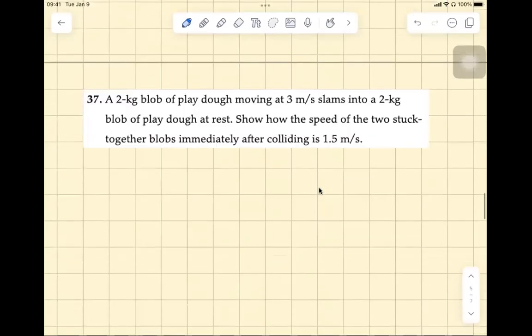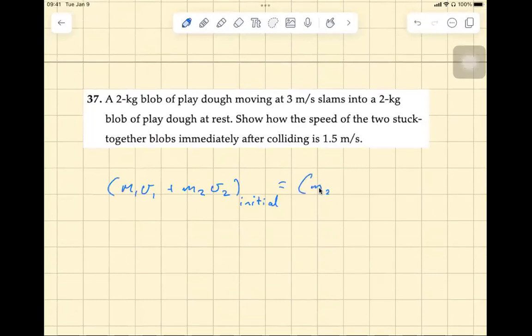Now, this is going to be a conservation of momentum problem. So we're going to use M1 V1 plus M2 V2 initial equals M1 V1 plus M2 V2.